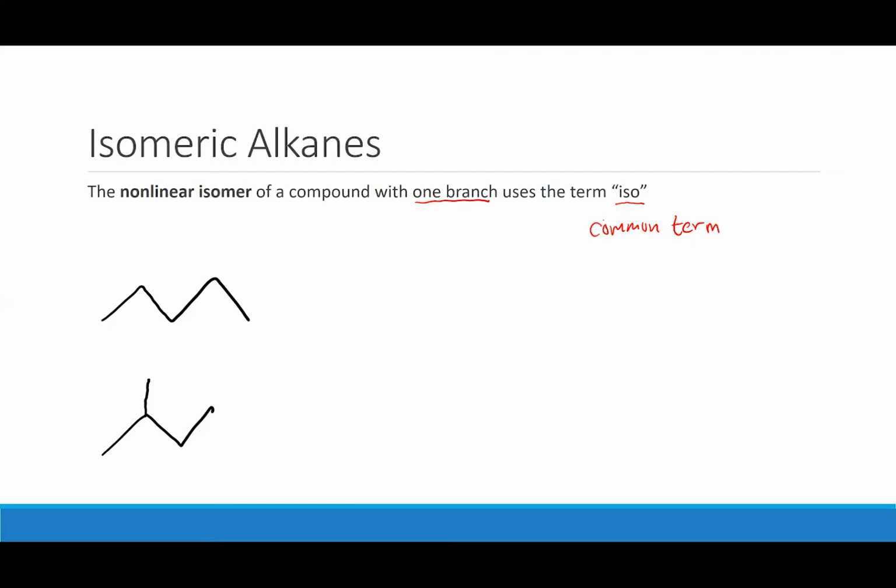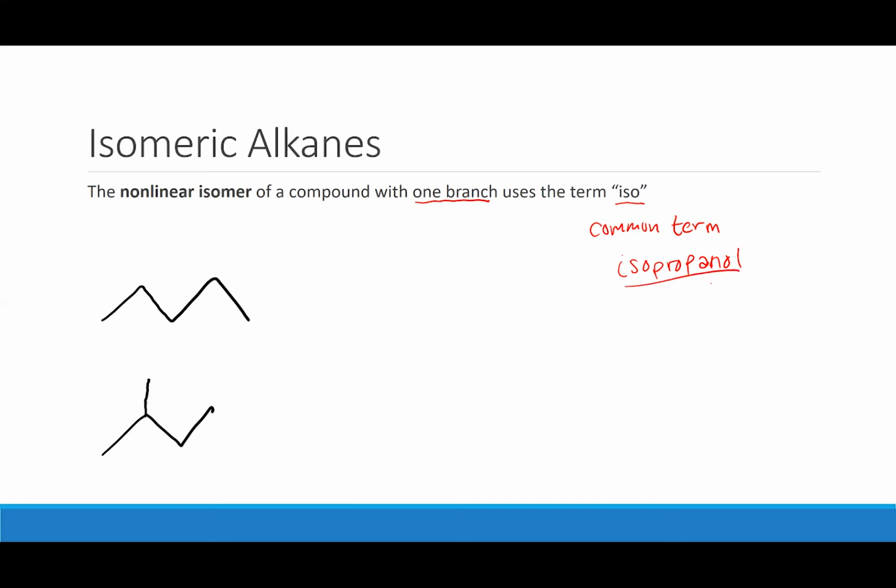One thing that you probably are all very familiar with that uses this term iso because it is an isomer is isopropanol, or rubbing alcohol.